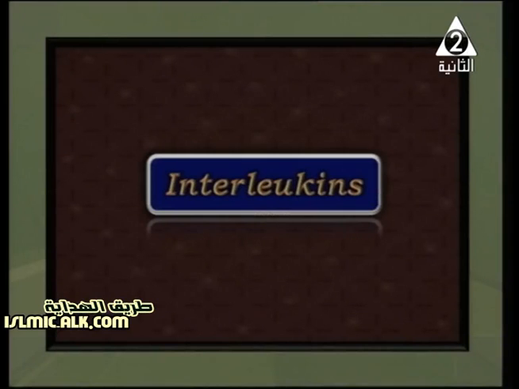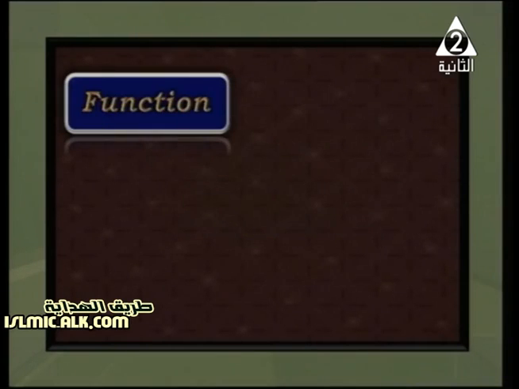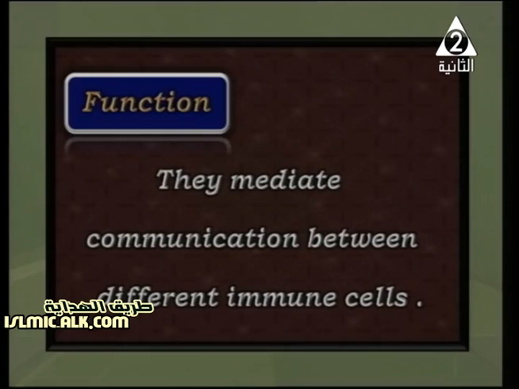Also, we have something called interleukins. They are also a chemical substance inside our body. Their function is to mediate the communication or link between the different immune cells. Inter here means between, so interleukins collect or link the immune system, because the immune system is a scattered system.